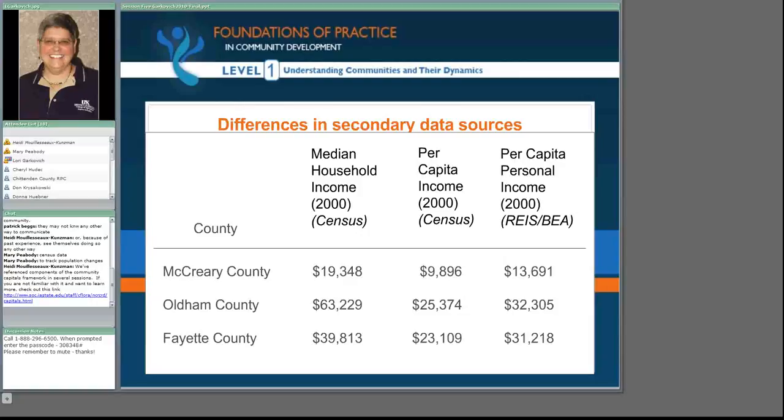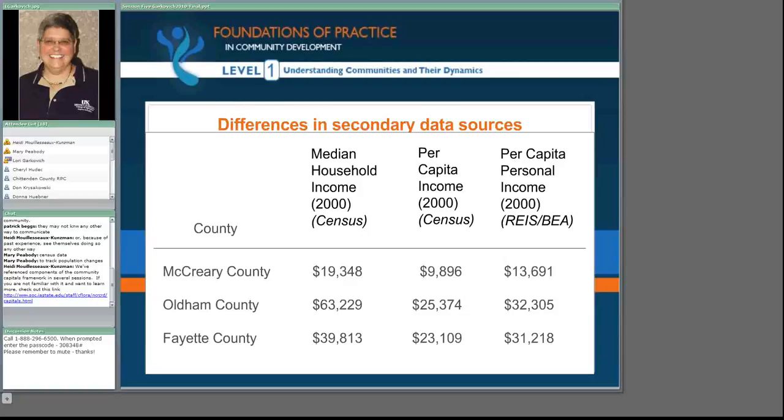The ordering of the counties remains the same, but the differences change very dramatically. So what's going on here is quite simply this. Many secondary sources may use the word income or per capita income, but what they count as income is very different.